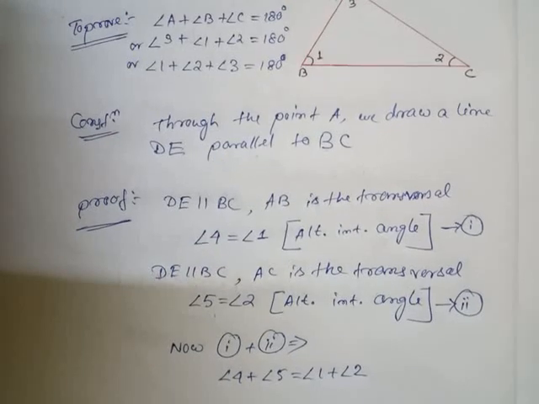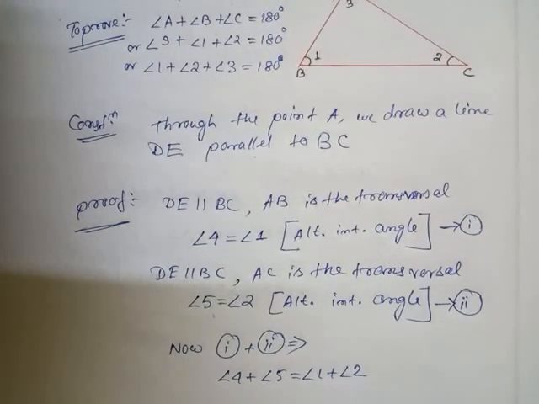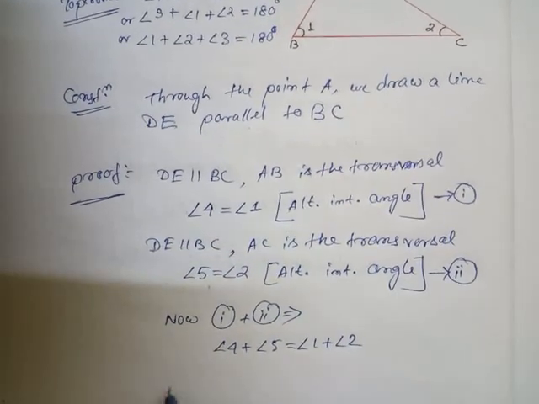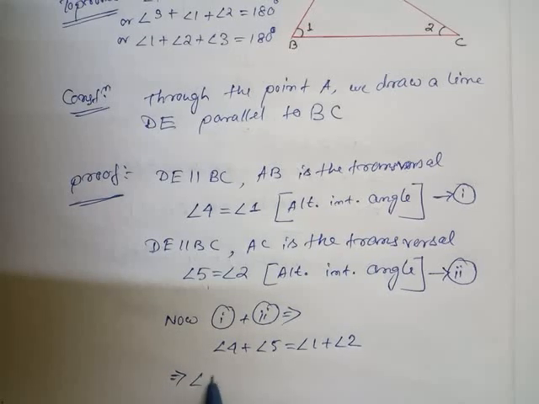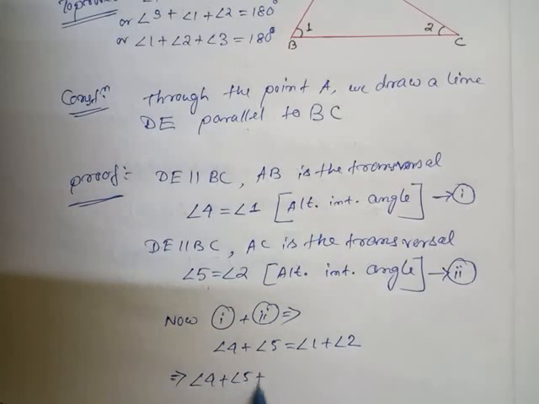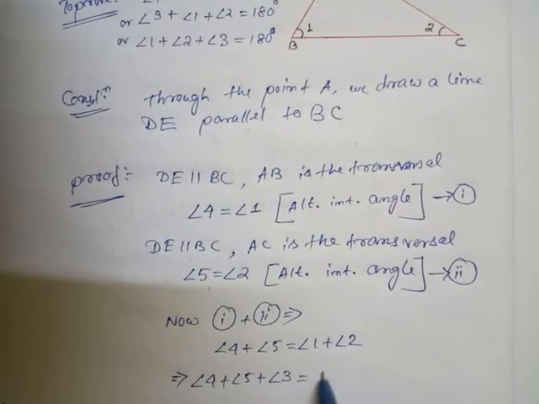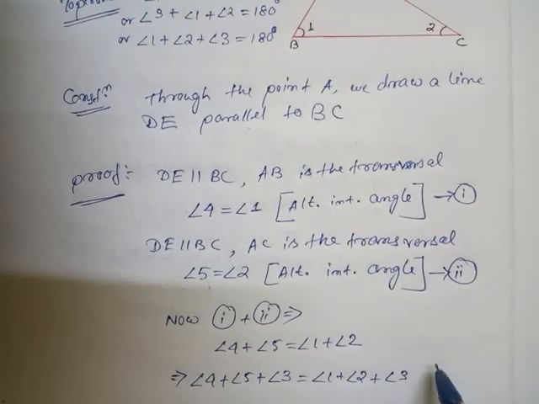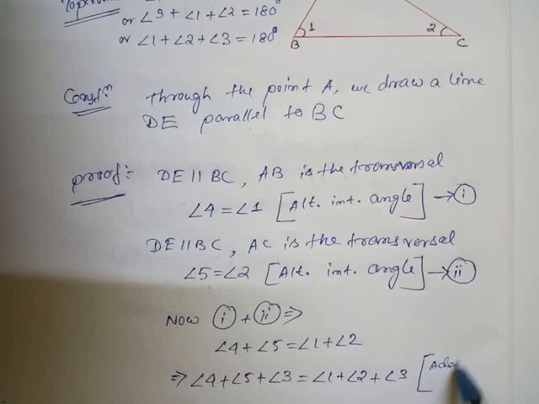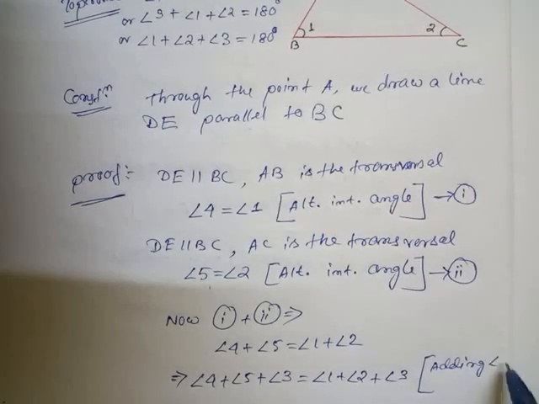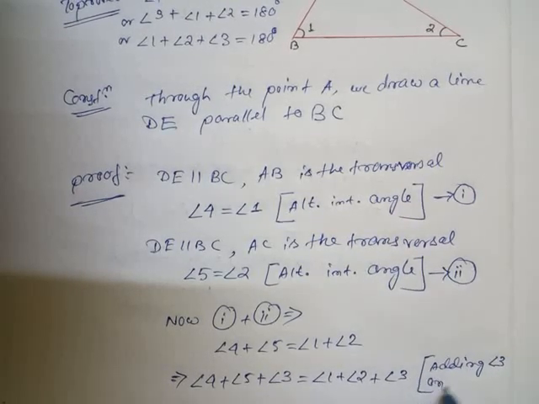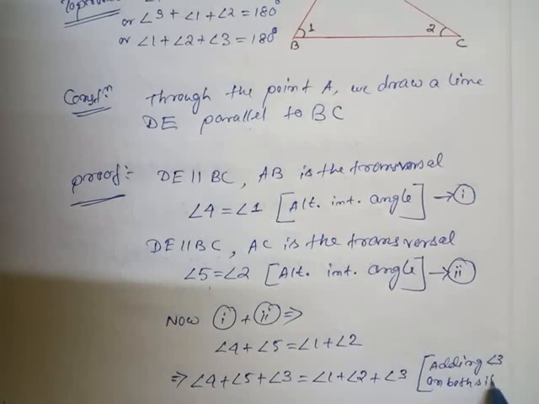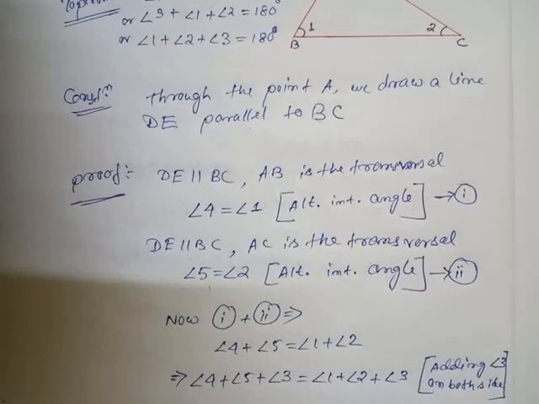Adding angle 3, there is angle 4 plus angle 5, and on the other side 1 plus 2, and there is also angle 3. The reason is adding angle 3 on both sides.